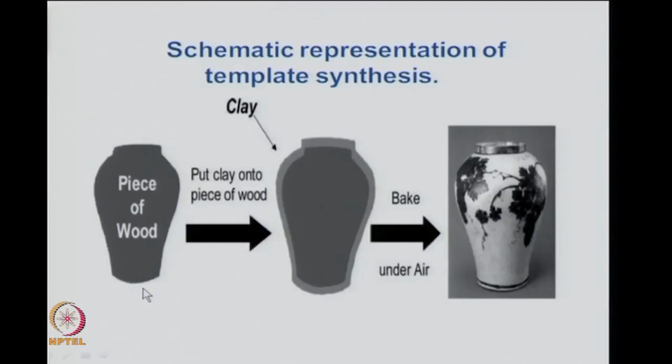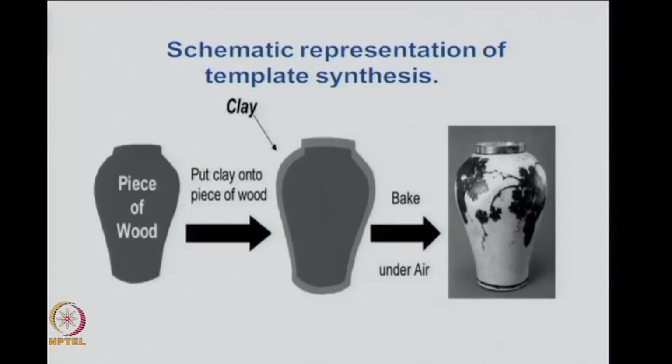This template in this case is made of wood or it can be made of a metal, and then we put the clay onto this piece of wood and the clay fills all the holes and all the gaps within the piece of wood. And then once you bake it, and then you remove the piece of wood, what is left is this jar which is made only of the clay.